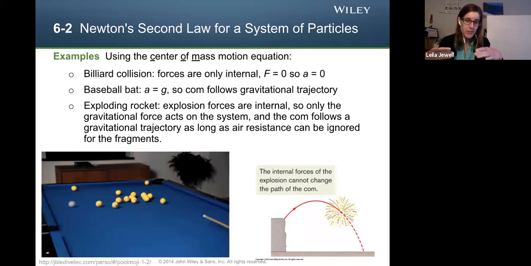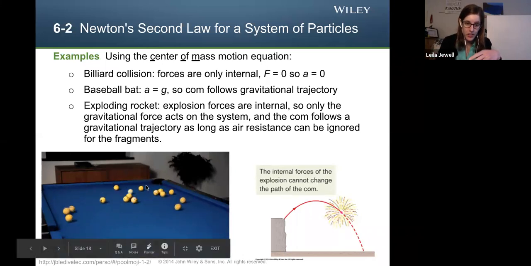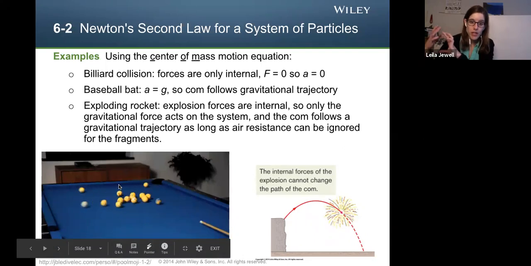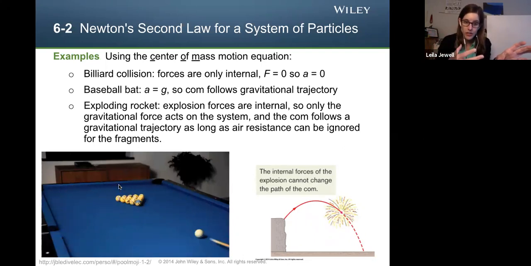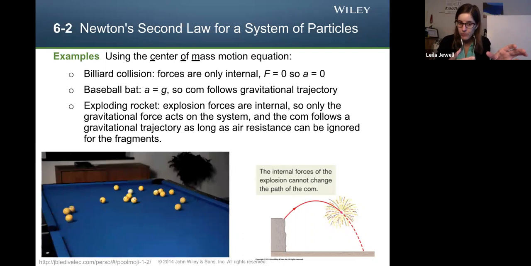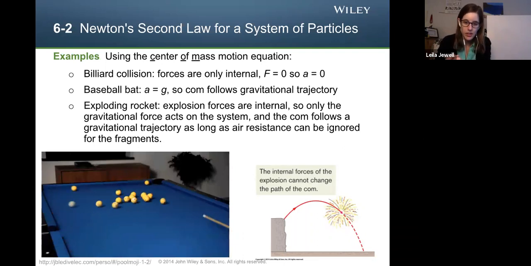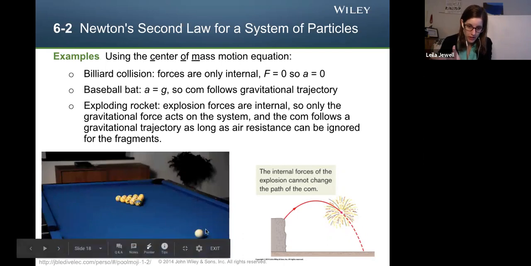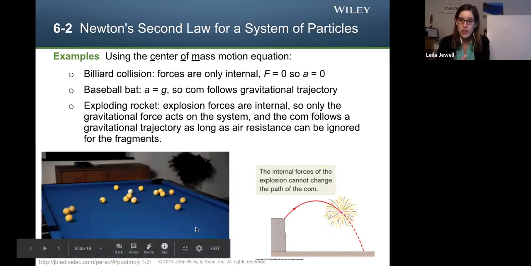That means the net force acting on them is 0, and the net acceleration is 0. The center of mass will travel at a constant velocity. If you sum up all these individual motions, you'd see that overall, the center of mass continues moving in the same direction as the cue ball, minus some reflections off the walls. The only external force here is when the cue ball is initially struck.